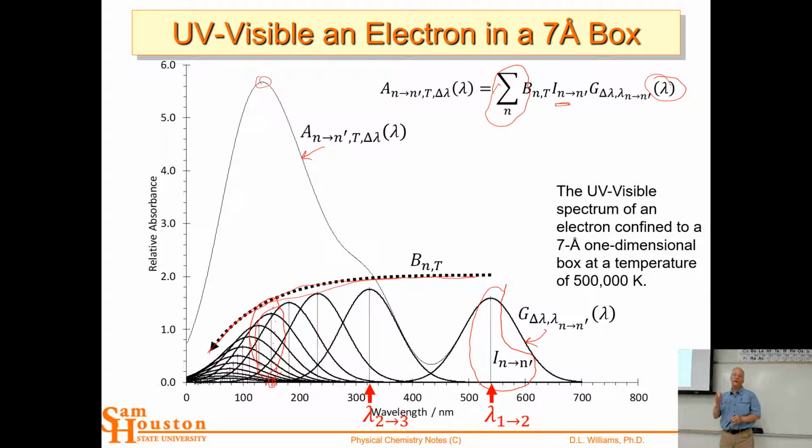So at that wavelength, I have a lot of ways light could be absorbed, or if I'm doing emission, a lot of ways light could be emitted. It's going from this energy level to that one, or maybe this one to that one, or this one to that one. And those differences are all very much the same, and so they add up. Light, if this is absorption, very little light gets through because it has so many options of how it can be absorbed. Or if it's being emitted at that wavelength, it's very bright because so many different differences in energy level can be spitting out that same wavelength of light.